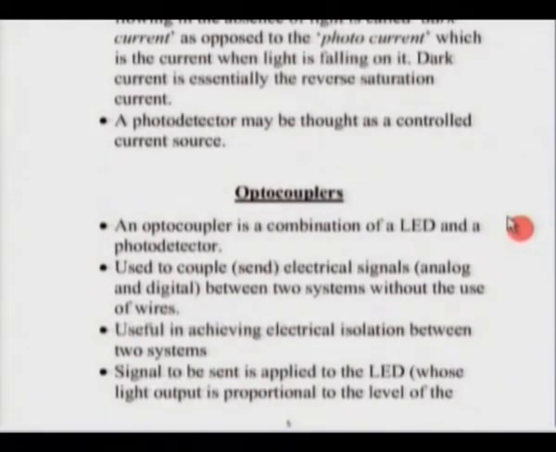LED is essentially an electrical to optical converter, whereas a photodetector or a photodiode is an optical to electrical converter. There are situations where you would like to pass a signal from one system to another system, but unfortunately you cannot connect a wire between these two systems because the ground potential of these two systems may be very high and there can be damages.